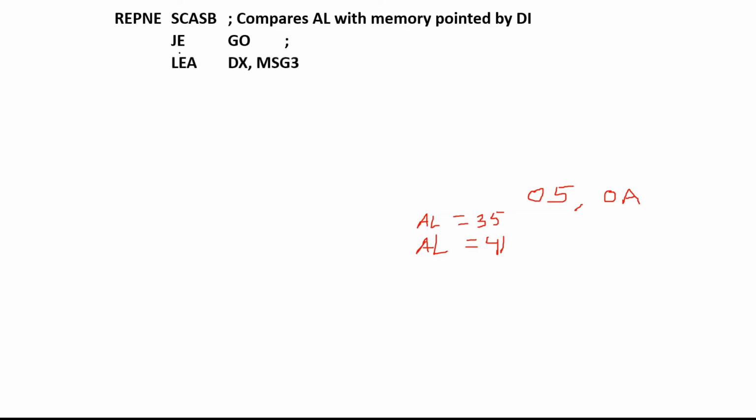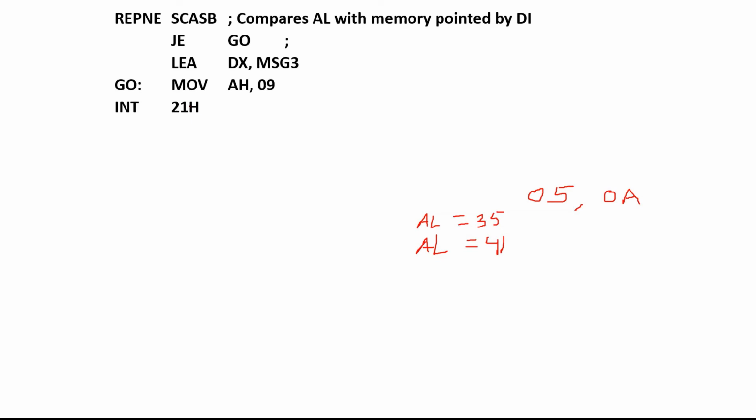If the equal condition happens, then I jump. Else I will load the effective address of message 3 onto DX, and I will go for display. If equality happens, I will go to the label go and display the string.